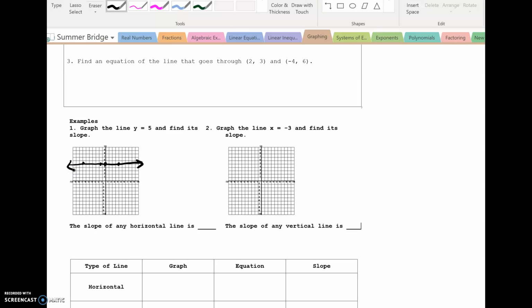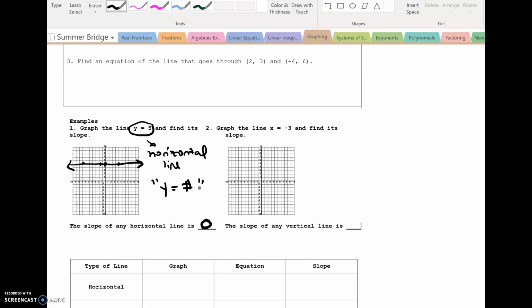So having said that, if we look back to our slope video, this is a horizontal line, which means the slope of any horizontal line is 0. Okay, so we know now that y is equal to 5 is going to give us a horizontal line. In fact, any y equals a number is going to give us a horizontal line.